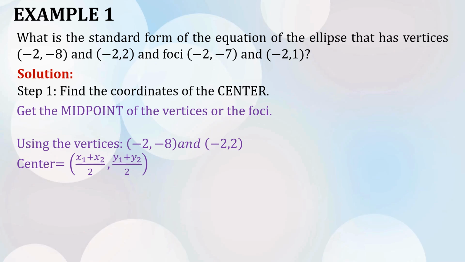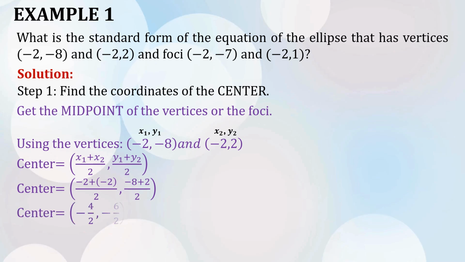From the chosen points, we identify our x sub 1, y sub 1, x sub 2, and y sub 2, and substitute this in the formula, giving us (-2 plus -2) over 2 and (-8 plus 2) over 2, which can be simplified as -4 over 2 and -6 over 2, giving us the coordinates of the center, which are (-2, -3).